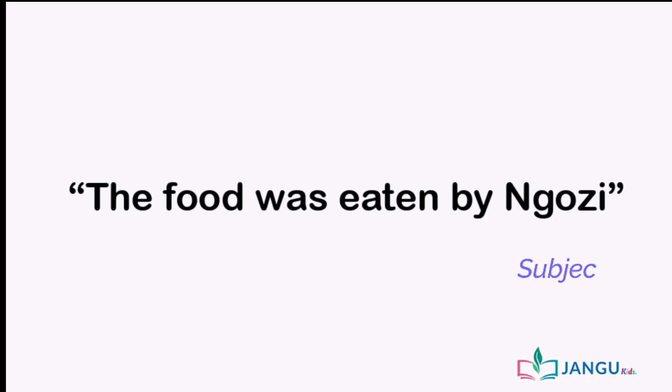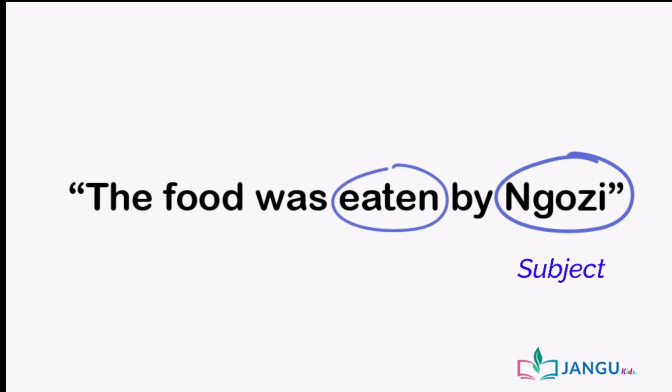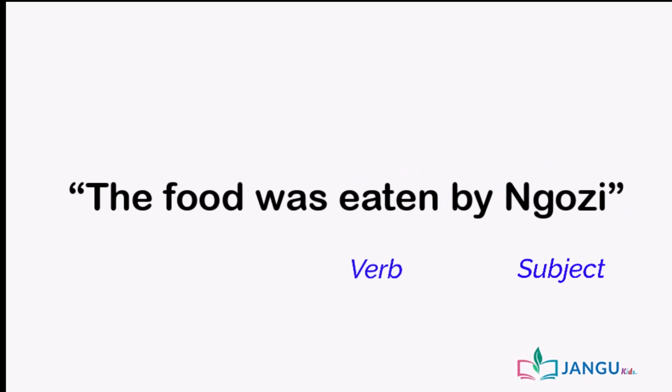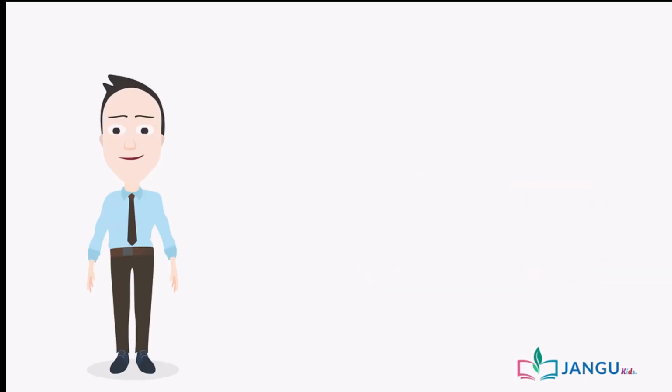You can see the subject of the sentence, which is Ngozi, comes after the verb eaten. Therefore, it can be said that the subject of the sentence is having the action done to it. Don't you think it's an interesting switch in roles? Do you now understand how a voice can be said to be active or passive?